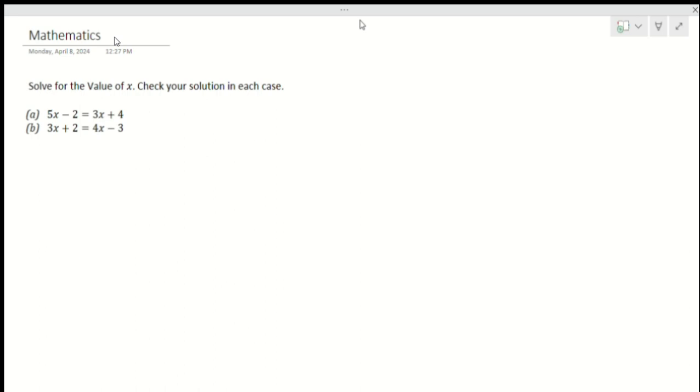Solve the following for x. Check your answers in each case. By doing that, we would write our math. We're going to work out A together, and then you can do B on your own.